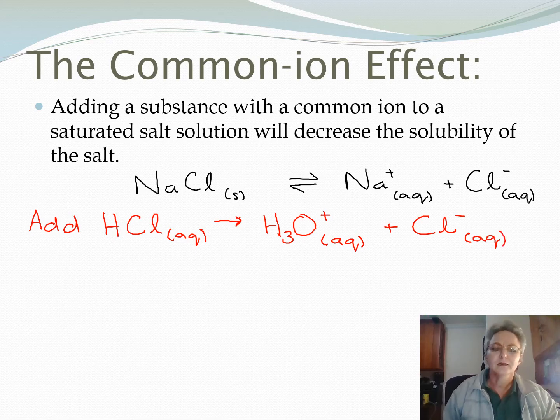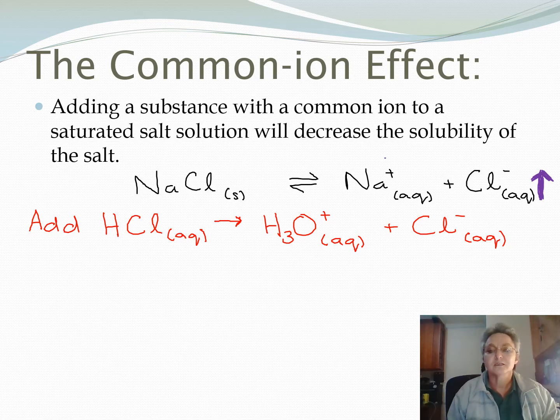So by adding hydrogen chloride solution to the salt solution, we are increasing the concentration of the chloride ions. Now, Le Chatelier's principle says if something is in equilibrium and you disturb the equilibrium, the reaction that will oppose this disturbance will be favored.